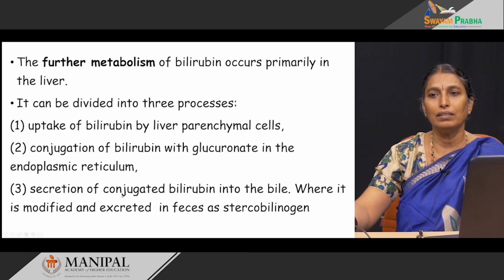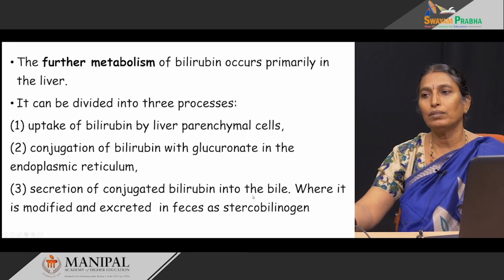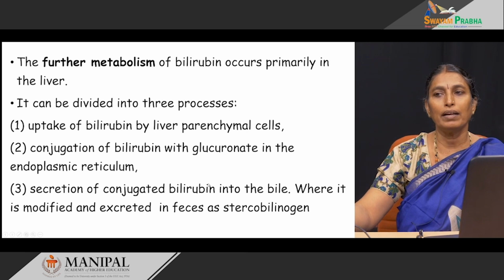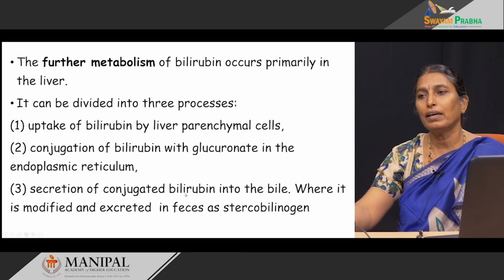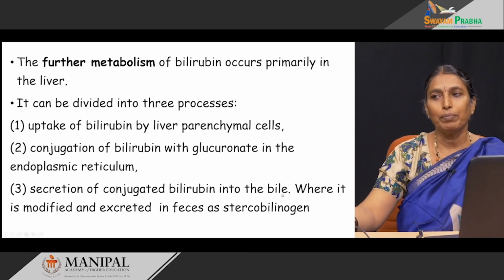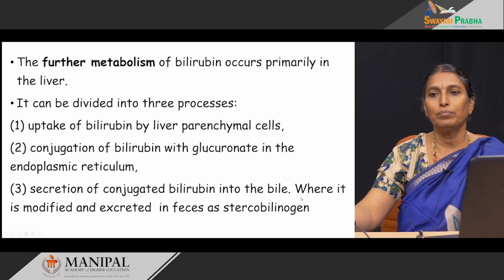The third is the secretion of this conjugated bilirubin into the bile. Conjugated means bilirubin monoglucuronide as well as bilirubin diglucuronide has to be secreted into the bile. From there the bile goes to the gallbladder, where it gets stored, and from there it enters the duodenum.